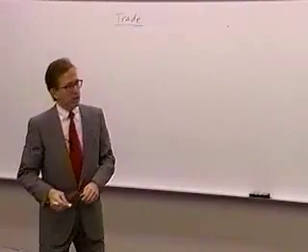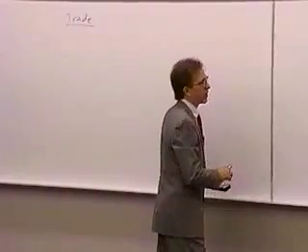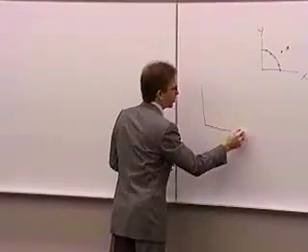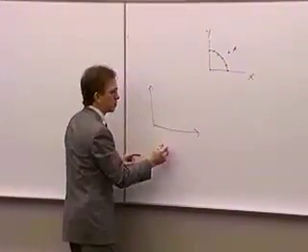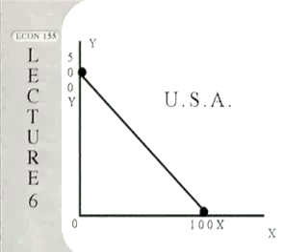Okay, let's start off. I want to have two different countries in my example here. I'll start off with, how about the USA? What do I have here? X and Y. We'll have 100X or 500Y.